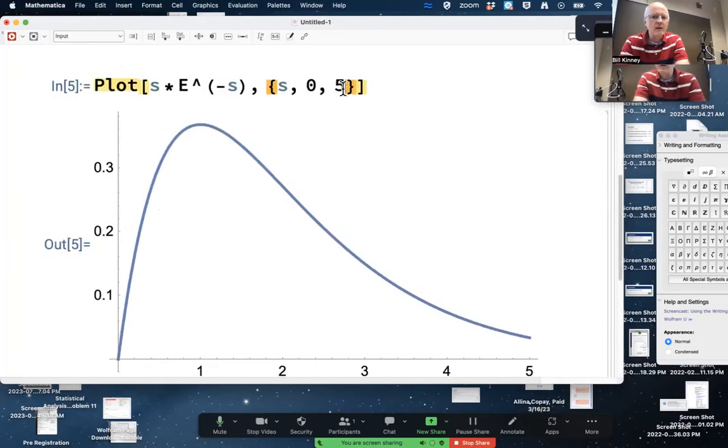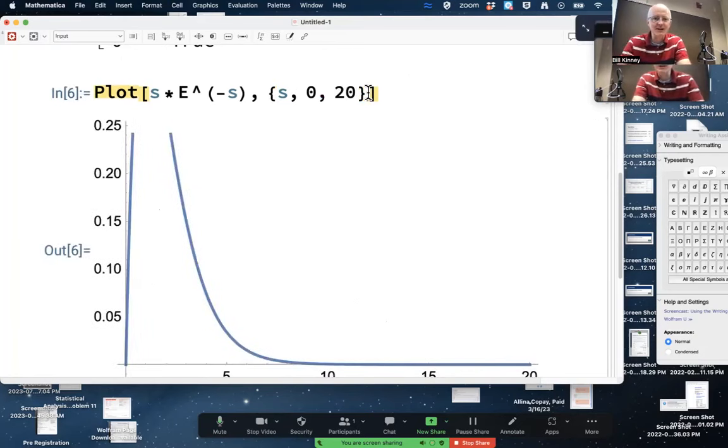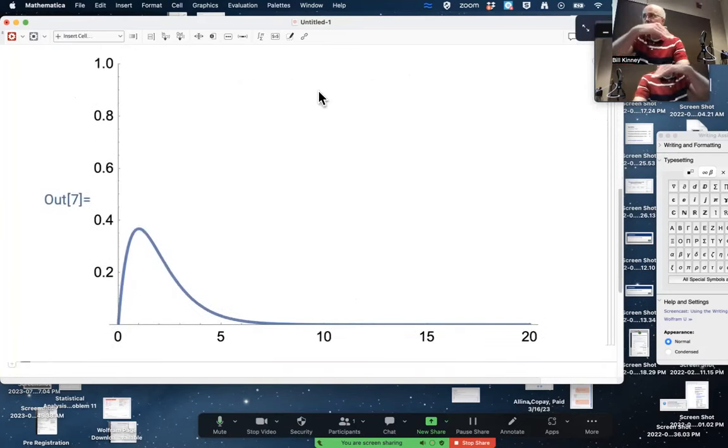Goes up, then goes down. Whereas an exponential distribution just goes down, decreases the whole time. This one goes up at first before it goes down. It's a little bit more normal looking. Bell-shaped looking, well, not quite. It's certainly not symmetric. It's not a normal curve, but it's a little bit closer.